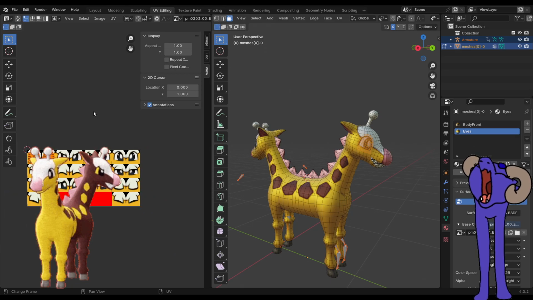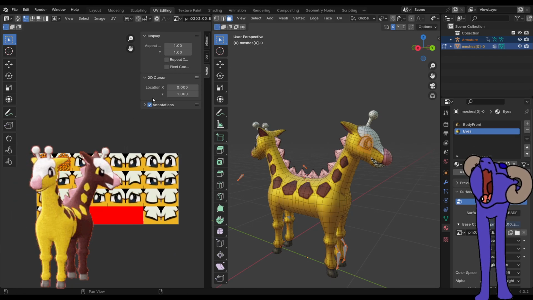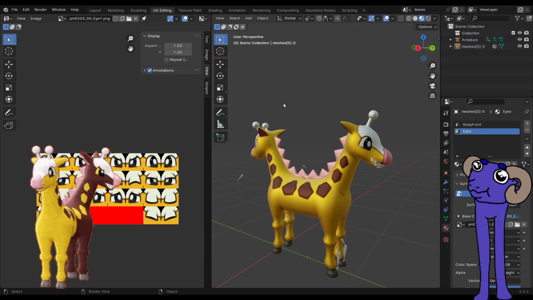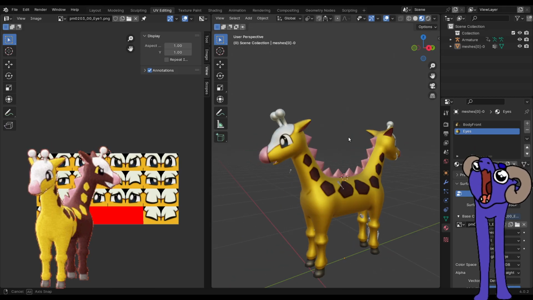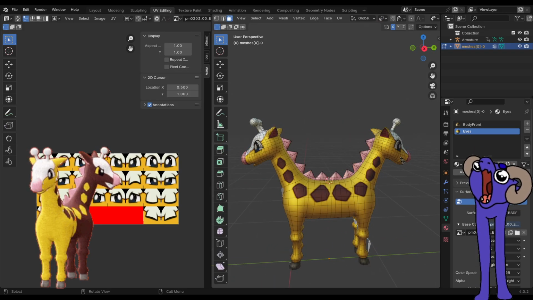Oh, actually don't move them like that, that might cause issues. What I should instead do is scale them on the x by -1. Which visually won't do anything different, but it should be fine.